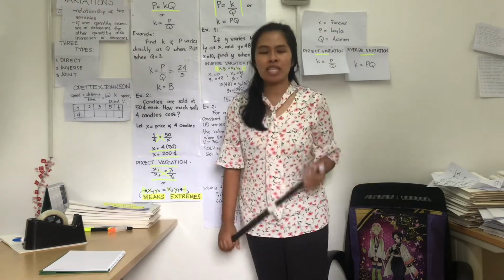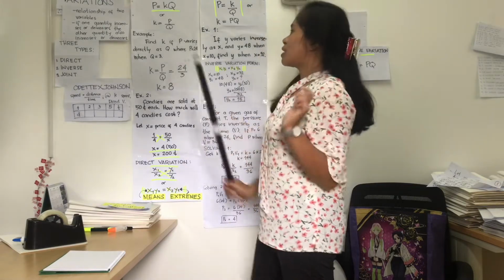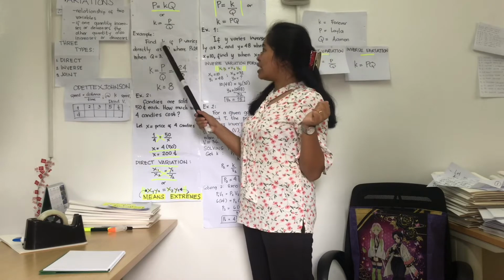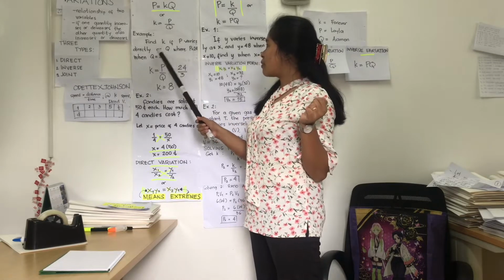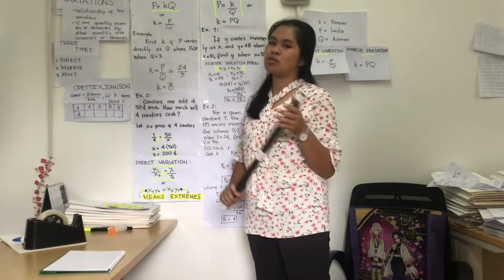Now we go on to the examples so that we better understand the situation. For direct variation, we have this example. We are asked to find K if P varies directly as Q, where P is equal to 24 when Q is equal to 3.